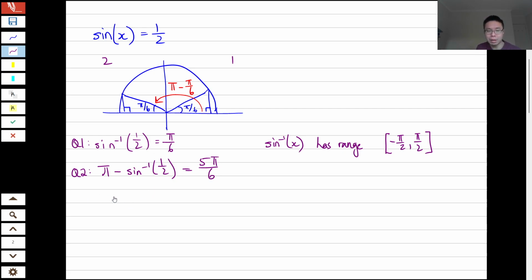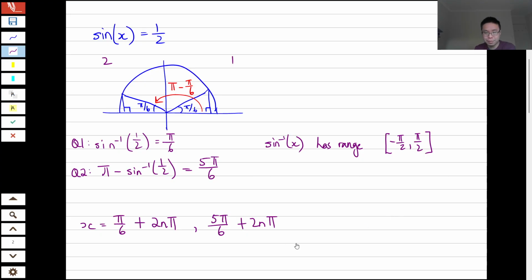And so immediately I can write down x equals pi on 6 plus 2n pi. That's one family of solutions. But I can also say x equals 5 pi on 6 plus 2n pi.